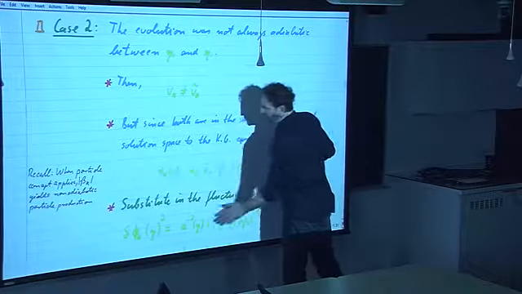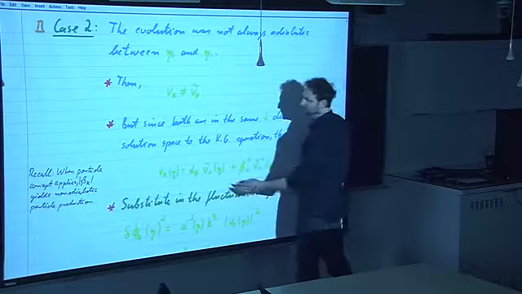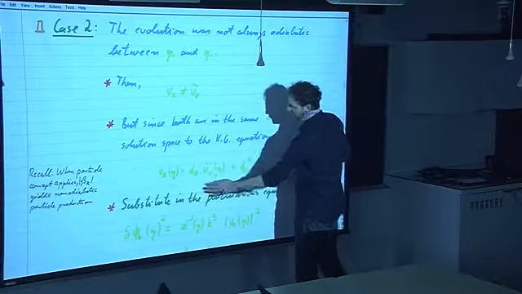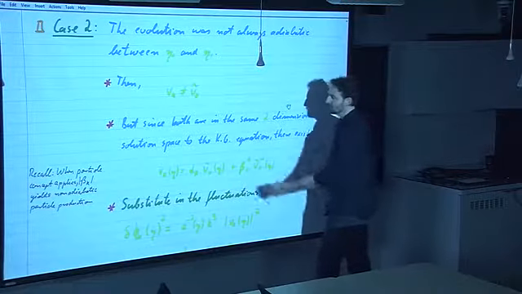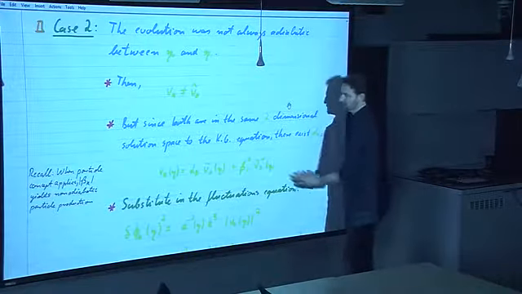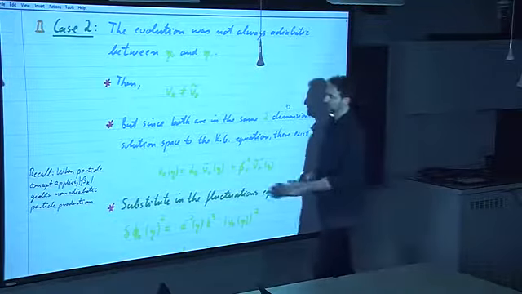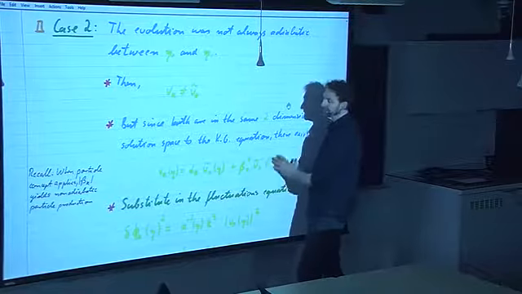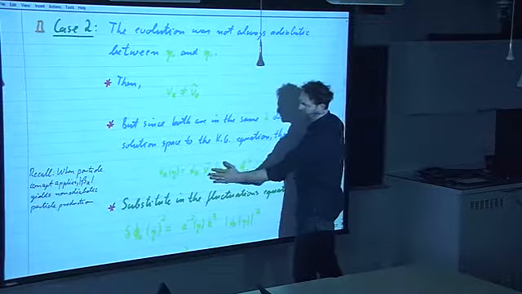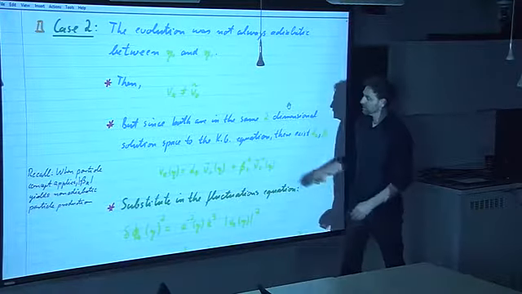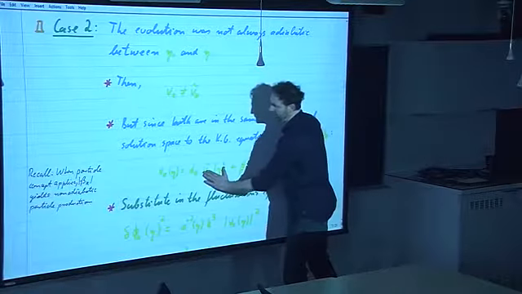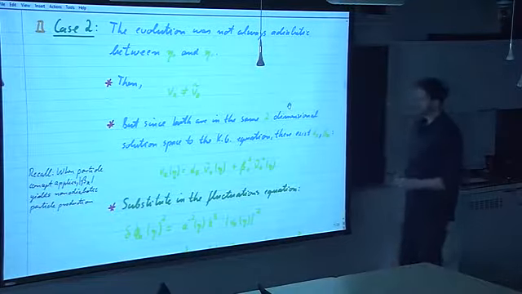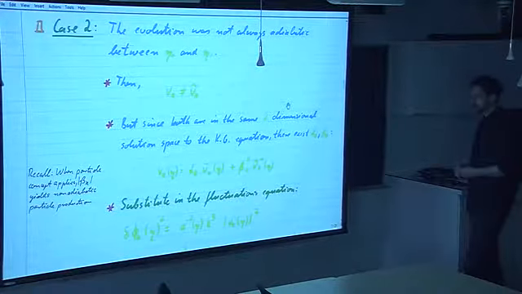So the V_k can always be expressed in terms of some coefficients alpha k and beta k times the V tilde and the V tilde star. Now, these are complex valued solutions, and a V and a V star are linearly independent in the complex vector space of solutions. So the two form a basis in the complex 2-dimensional solution space of the Klein-Gordon equation.